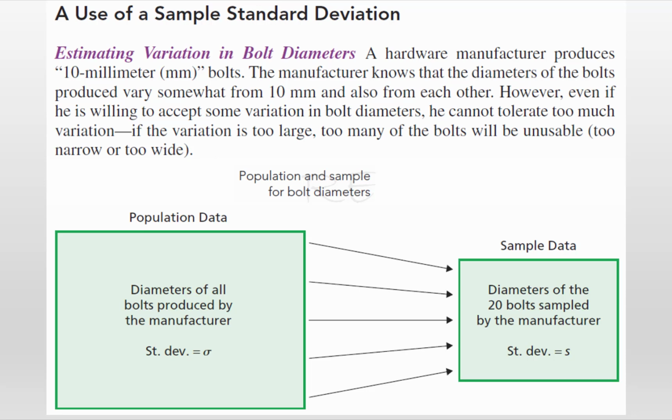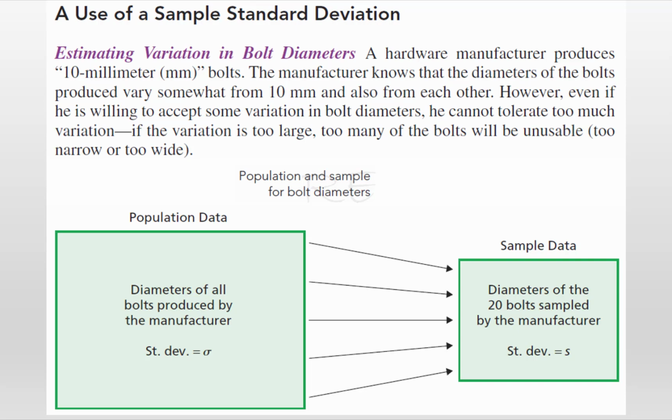We use sample data, which usually consists of a small number of observations, to make projections related to the entire population. It's very hard for a manufacturer to test the entire production of its company.